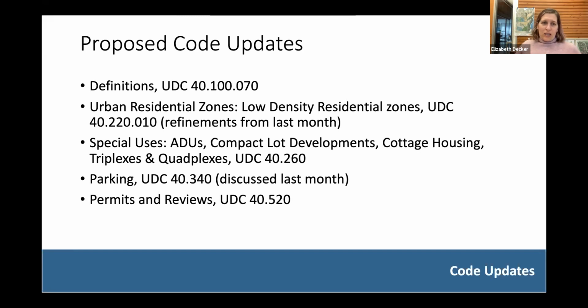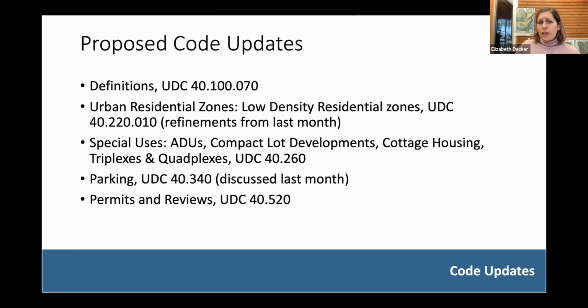And then the heart of this package of code updates for your review, where I want to spend most of our time talking, is the special use standards. That's the way that the code is structured to provide specific direction on these middle housing types that we're proposing to introduce. So refined standards for ADUs, these compact lot developments, cottage housing, and then the new triplex and quadplex standards.